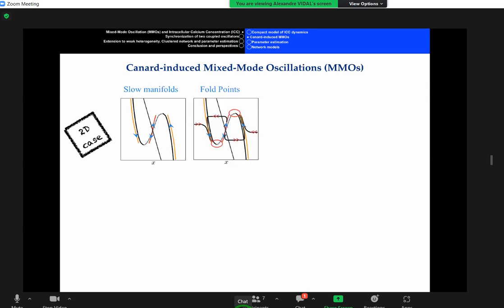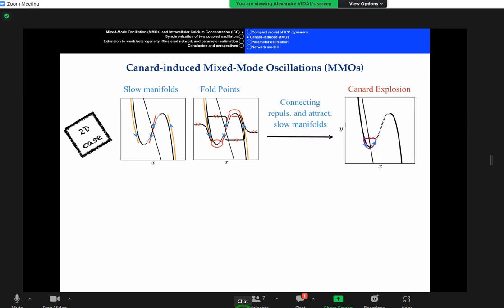But we have these fold points that need to be understood. The dynamics should be desingularized, and we need to connect all the different orbits on the left and on the right, meaning the transition between the slow motion and the fast motion. And the connection between the repulsive and attractive slow manifold gives us the explanation of the canard explosion that I showed you here.